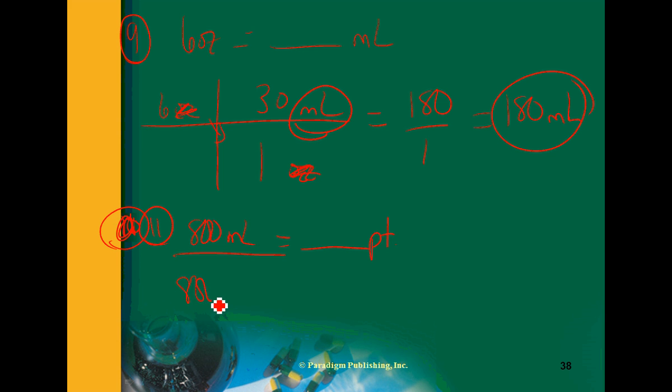So if we were to write this down, do our little cross, milliliters at the top, and down here across from it would be milliliters. We were looking for pints, so we know that 1 pint is going to be equal to 480 milliliters. So we could just multiply across, and 480 times 1 is 480. And 800 divided by 480 would be 1.67 pints.